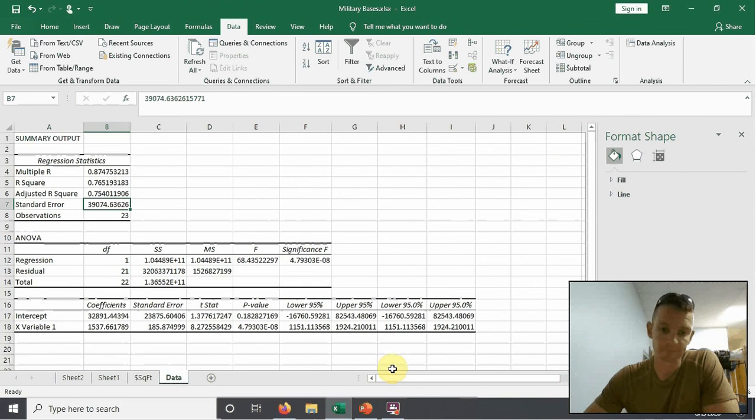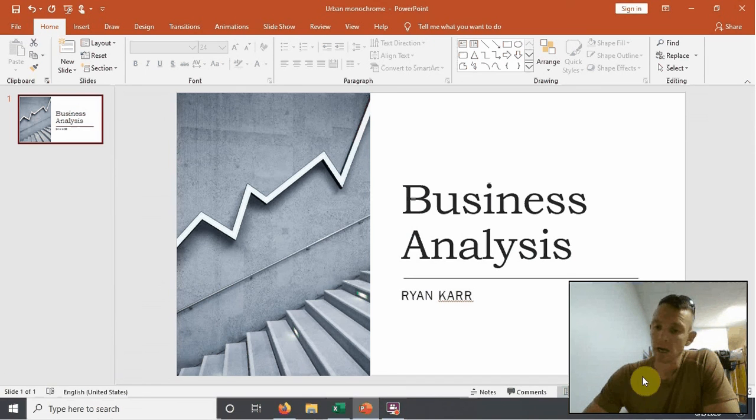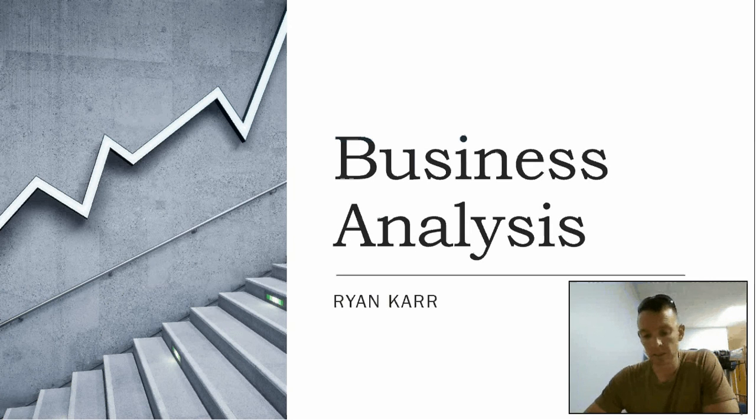Then you could use this standard error to calculate your actual prices. Now, how would I use this in, let's say, a drop shipment business? I would take the price that I spent on marketing per week and compare that to the total amount of sales that I had, and I would track it week after week.